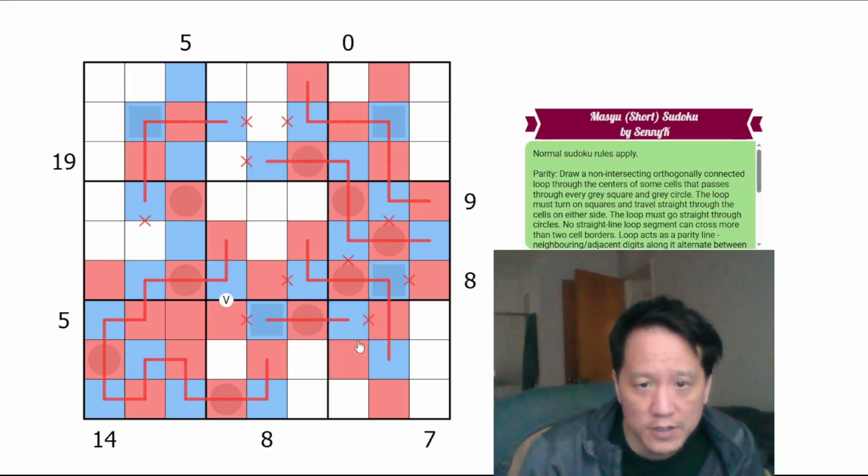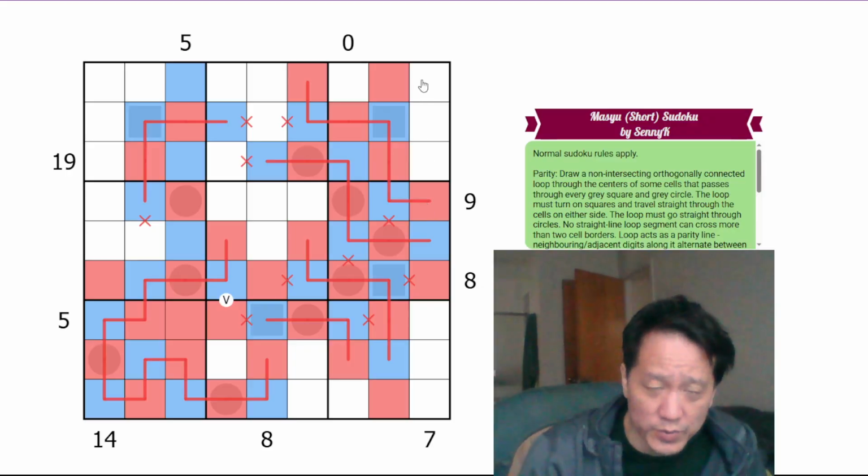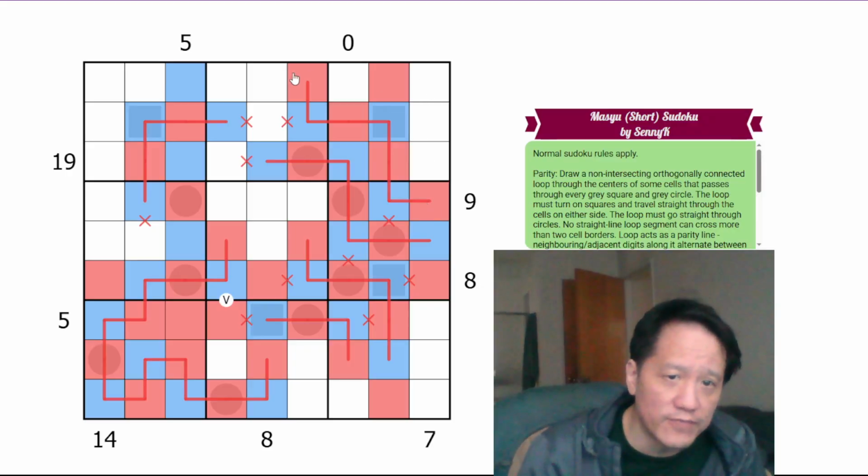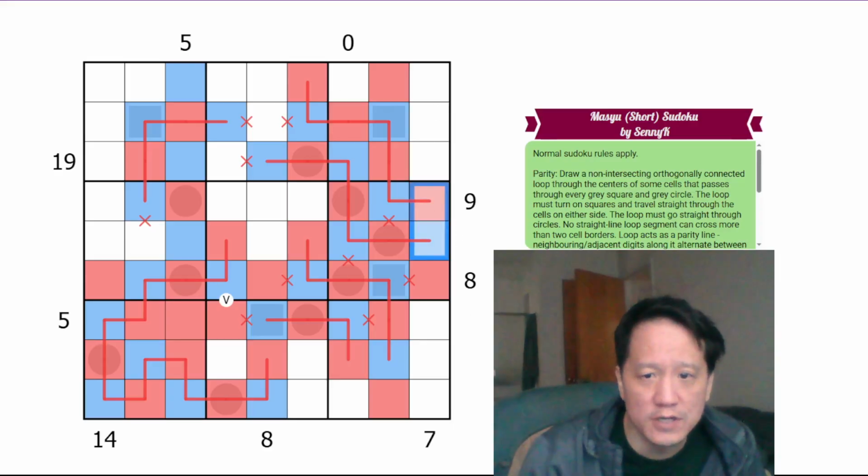So this is odd. This could go here, it could go here, that's fine. This cannot just go this way, because if it goes this way, then it forms an inner loop with itself, which doesn't work. So this has to connect to here. So that connects that way.